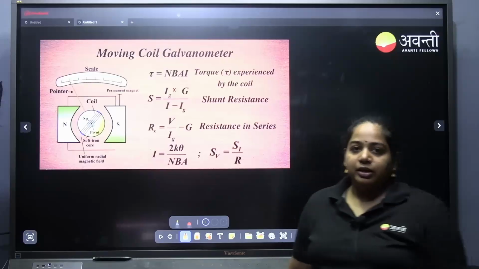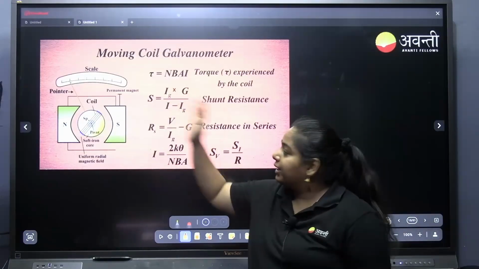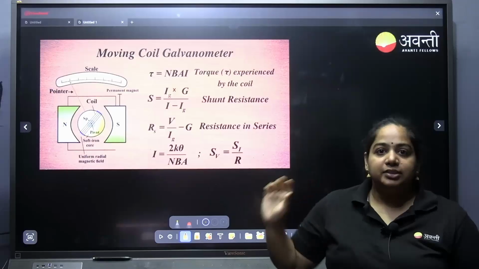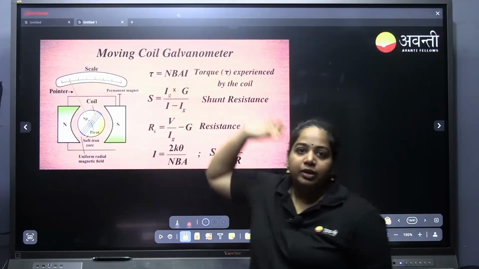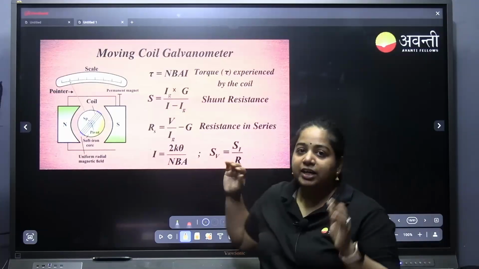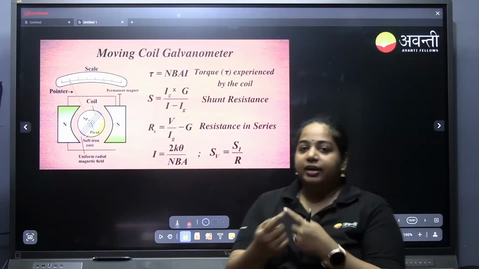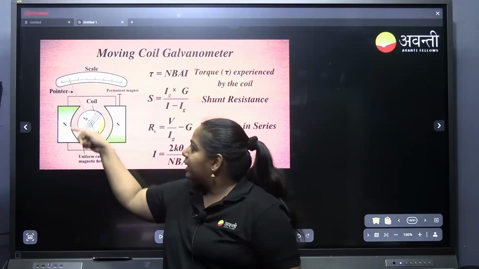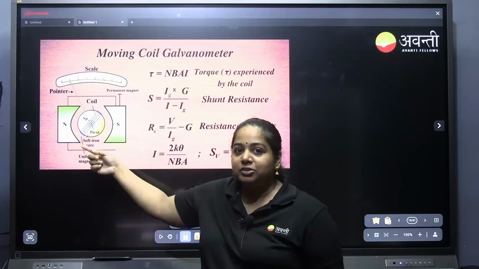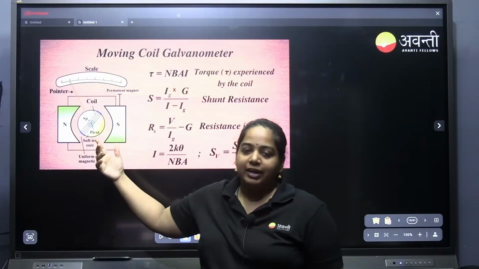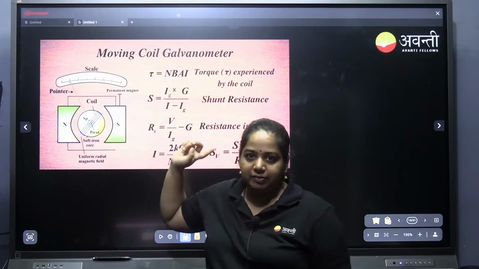The last topic for this chapter is the moving coil galvanometer. This is really important. One thing you need to know is the torque in a moving coil. What is its working principle? Between two magnets there is tightly wound wire, and when current passes through it, it will also create a magnetic field, and because of that deflection will happen.